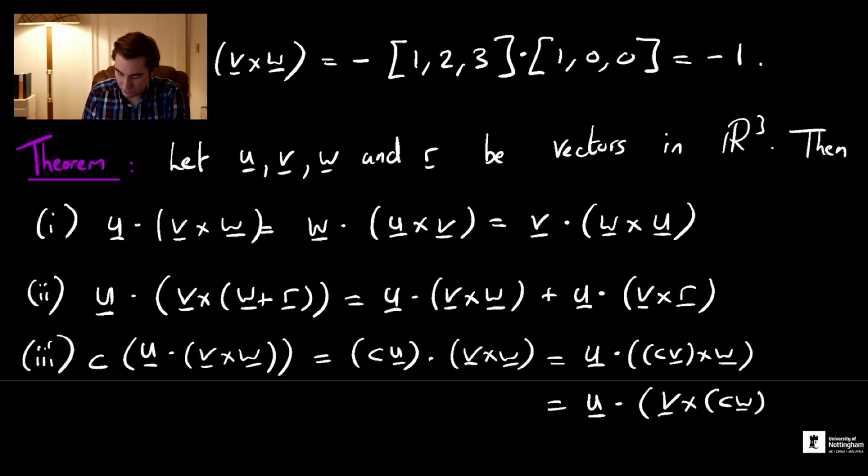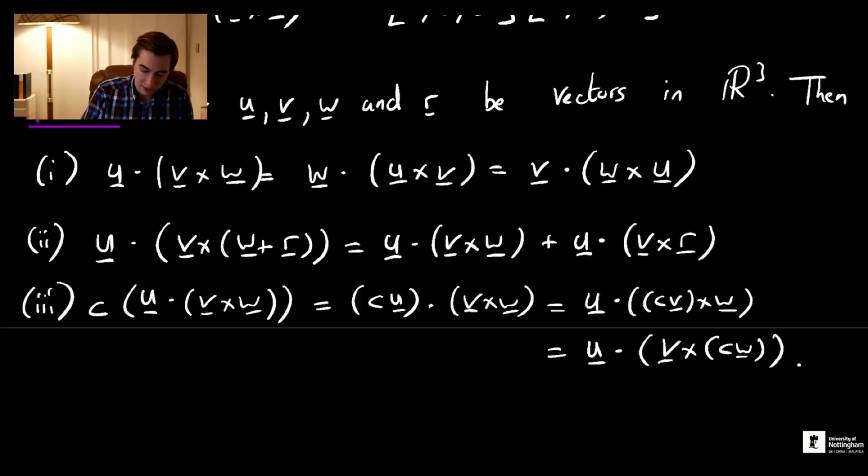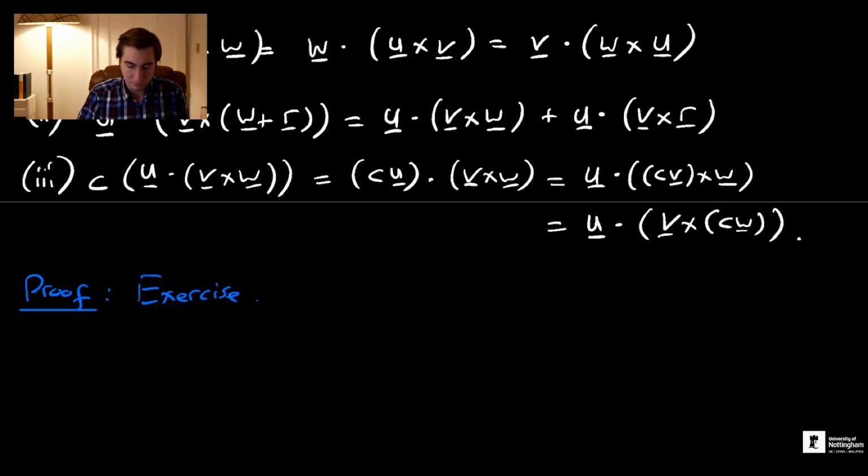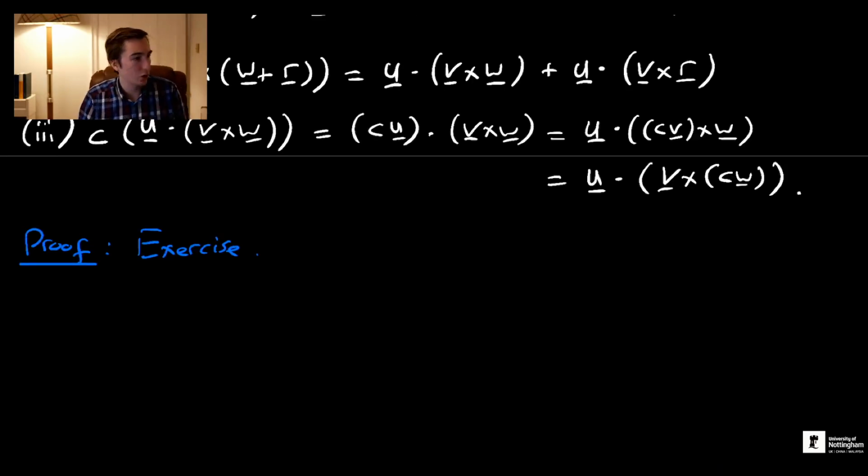And that follows mainly from some properties of the vector product. The proof of those, as I say, you can do yourself. They're not that hard to do, just a little tedious. So the proof is an exercise to yourselves. Make sure you do that after you've watched this video.